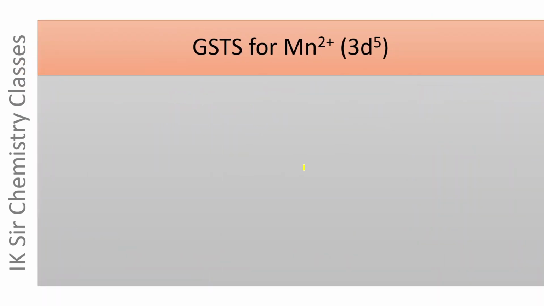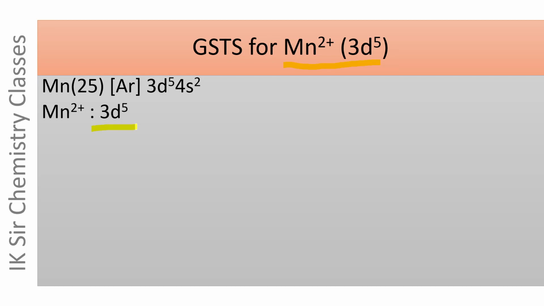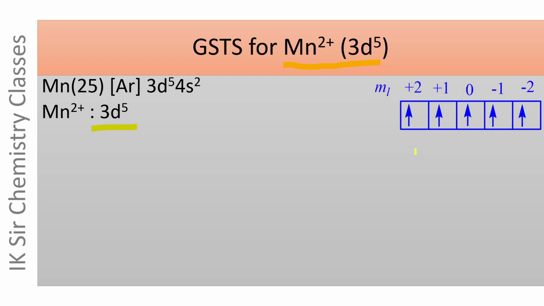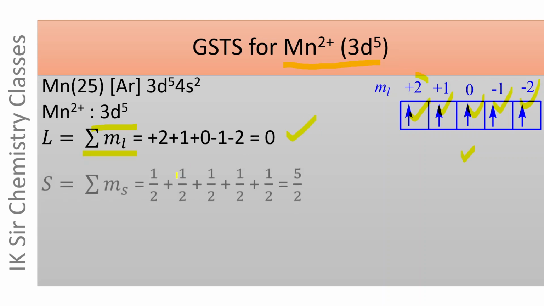And now the ground state term symbol for Mn2+ ion having 3d5 electronic configuration in the valence shell. There are 5 electrons in 3d subshell and it is half filled. Capital L is equal to the summation of ml values, and these values are +2, +1, 0, -1 and -2, and the value of capital L is equal to 0.